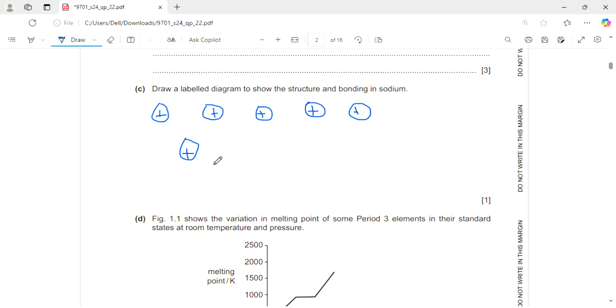We are drawing for bonding in the sodium.